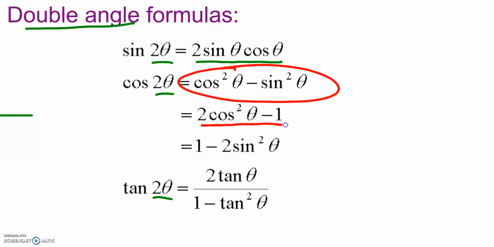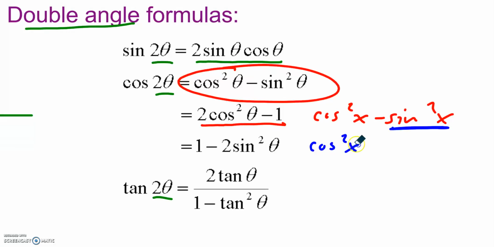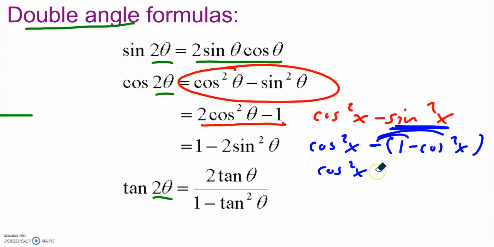If I wanted to get this identity, if you took cosine squared x minus sine squared x, and you replaced the sine squared with 1 minus cosine squared from the Pythagorean identity. So you'd have cosine squared x minus, 1 minus cosine squared x. That would get you, let's distribute in the negative, cosine squared x minus 1 plus cosine squared x.